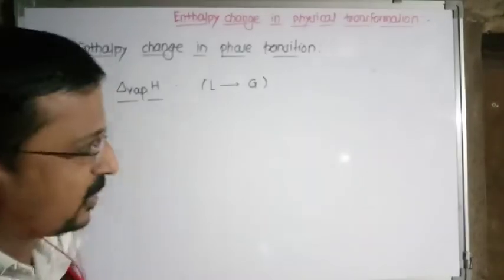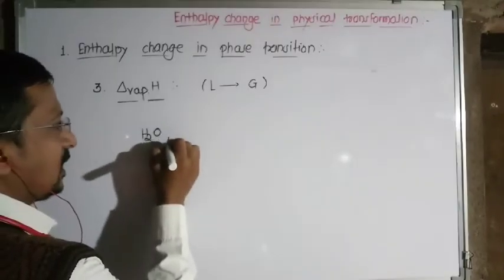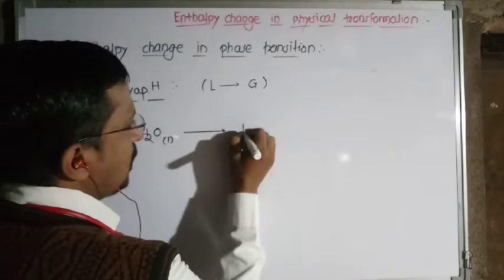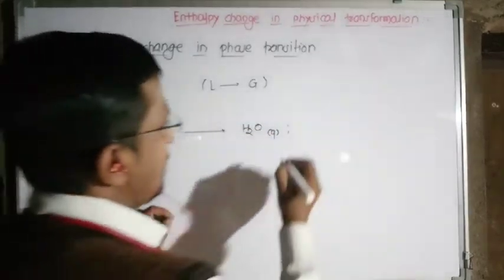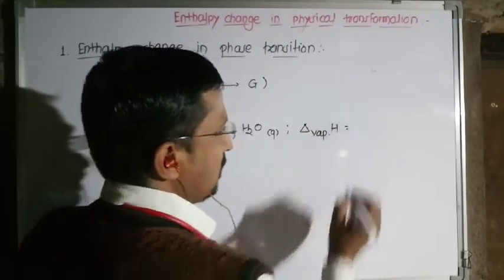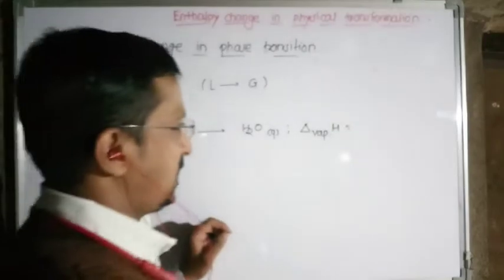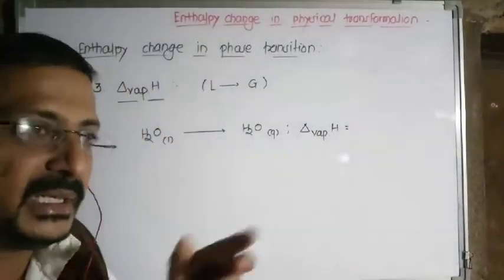Suppose H2O liquid is there and it is converted into H2O gaseous state. In this case, the change is delta vap H, the enthalpy of vaporization. It is given at 3 different temperatures.